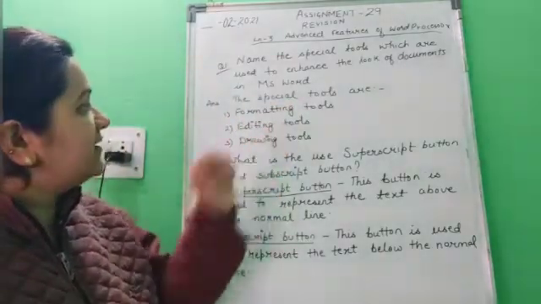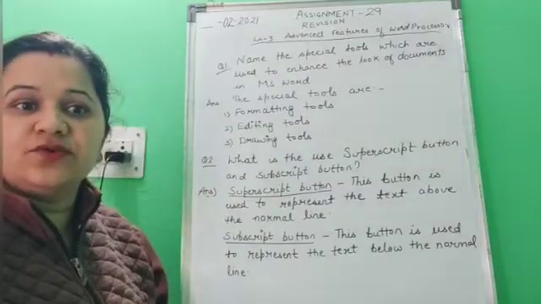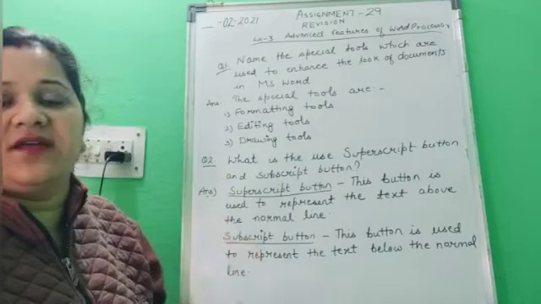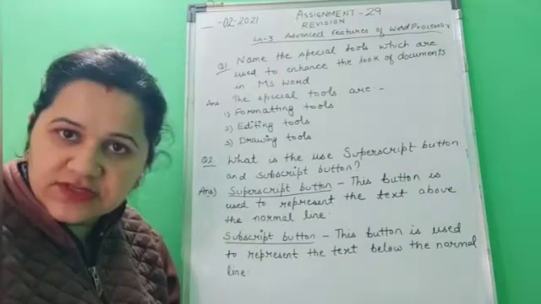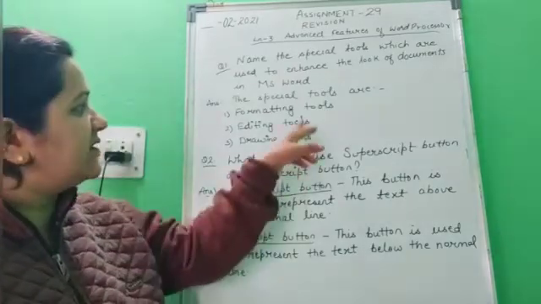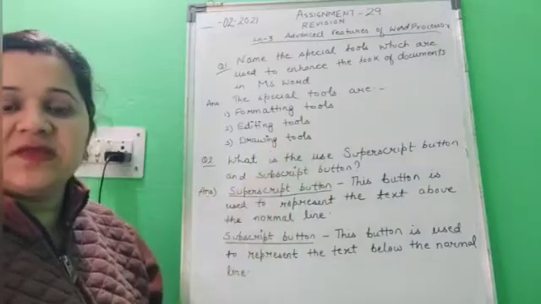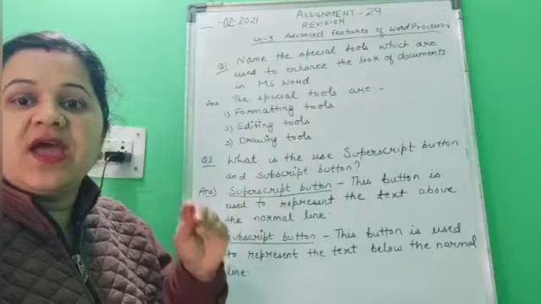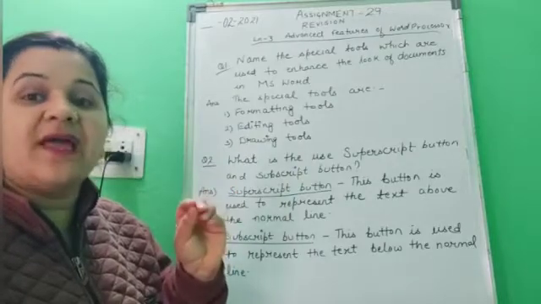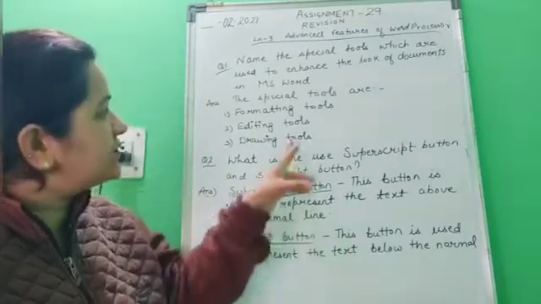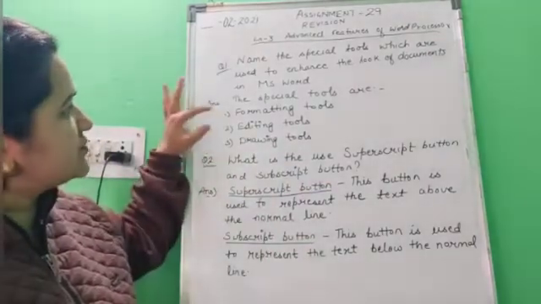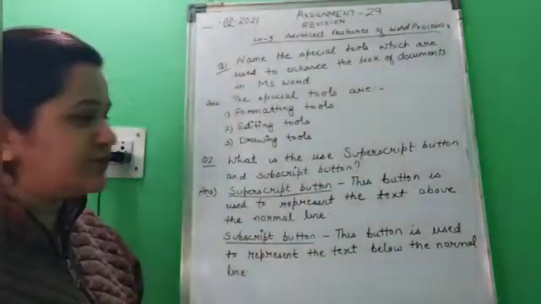Editing tools means you can edit or modify the text, like you can insert headers and footers. These kinds of things come under editing tools. Drawing tools means in your document you can use different shapes, and you can apply borders and shadings. That comes under drawing tools. So there are 3 special tools: formatting, editing and drawing tools.